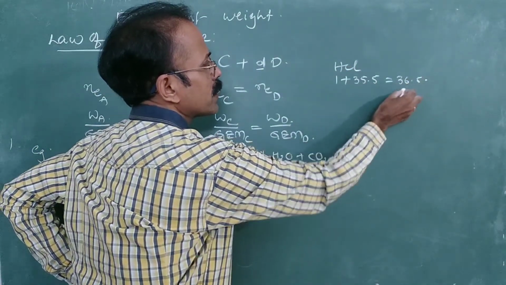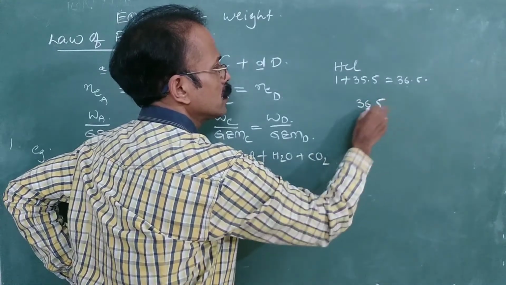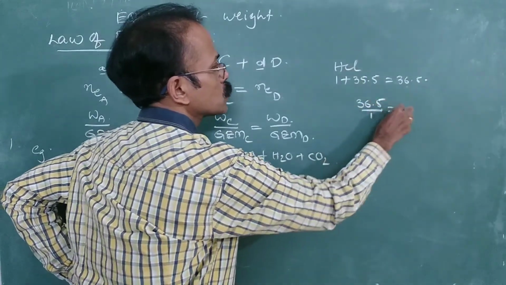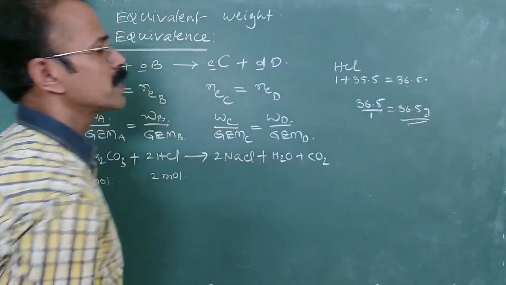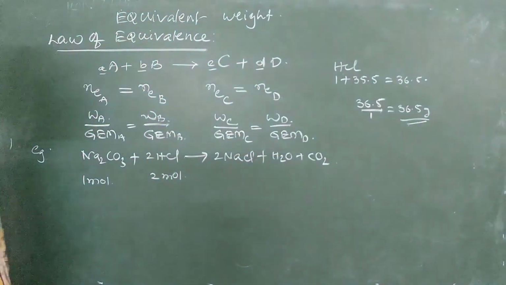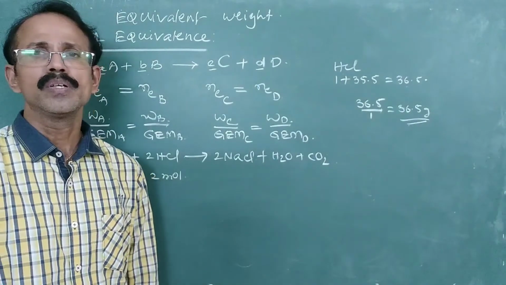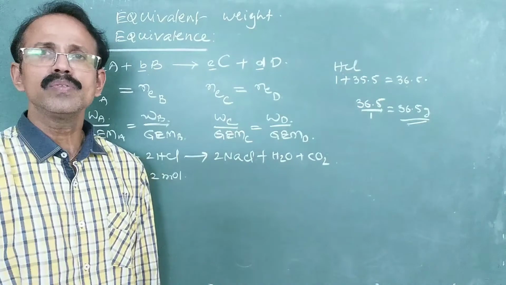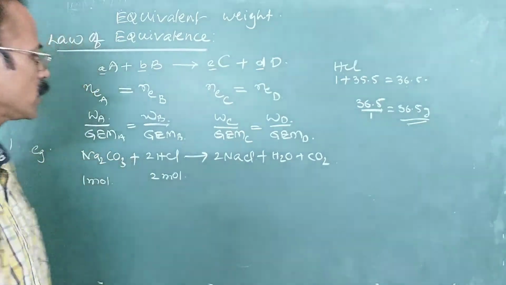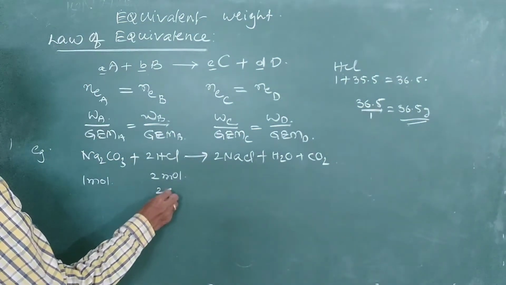Molar mass divided by basicity, right? So from earlier knowledge, the equivalent mass of HCl is 36.5 gram. Okay, so that is also equal to the molar mass. So 1 mole is equal to 1 equivalent for HCl. Okay, so 2 moles means we can write 2 equivalents.